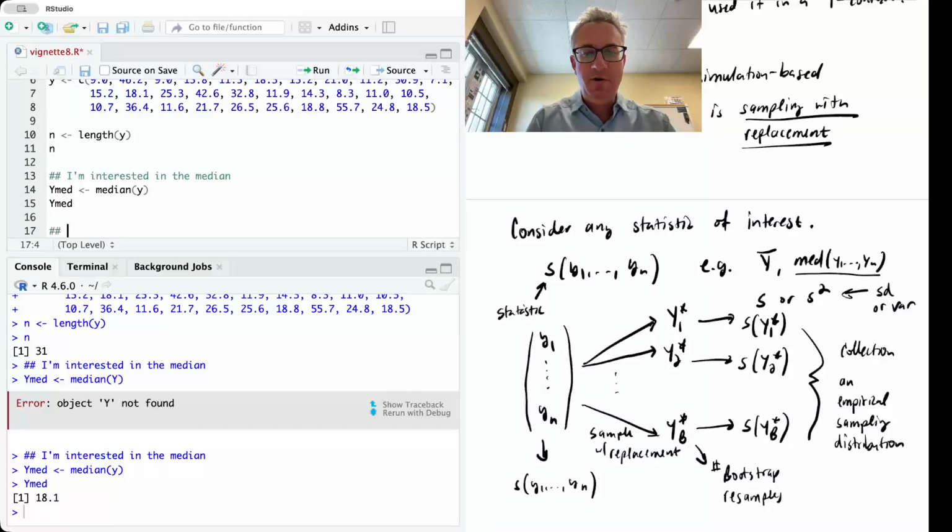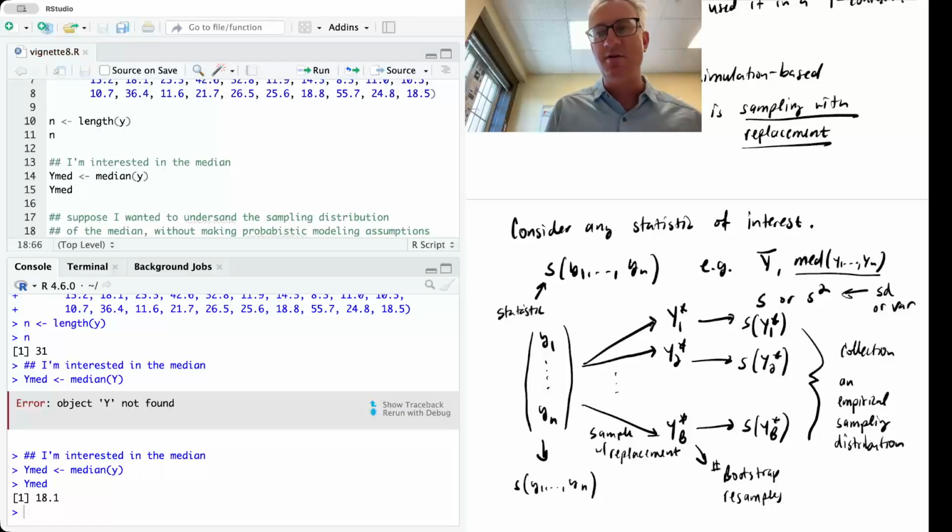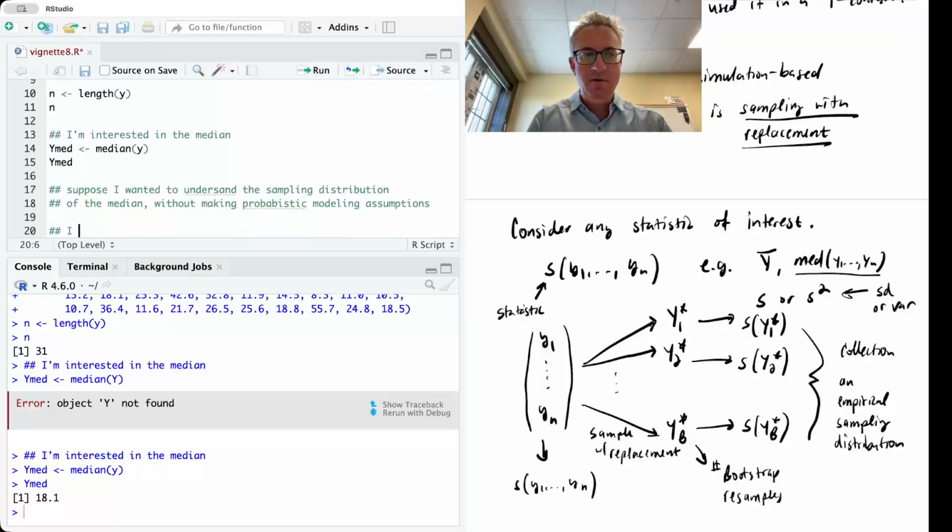So suppose I wanted to understand the sampling distribution of the median without making probabilistic modeling or assumptions. Okay, without choosing a distribution like a Gaussian or something else like that. I could sample with replacement.